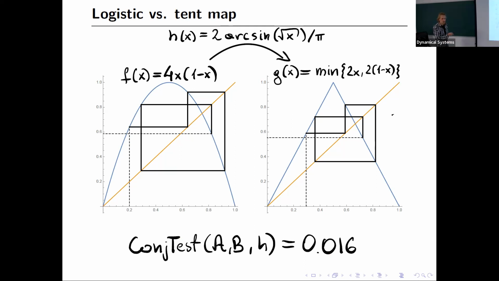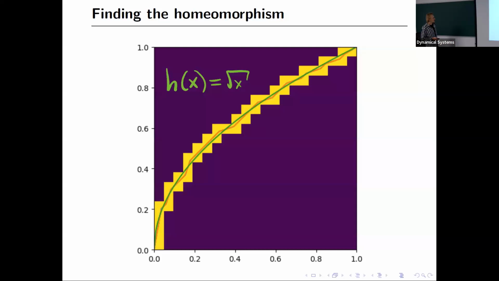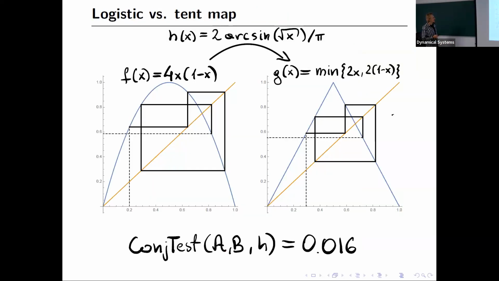But this is of course cheating, because how are we supposed to know this H, right? Yes, so this was the starting point for actually finding it: use the conjugacy test to find some kind of approximation of this H automatically.